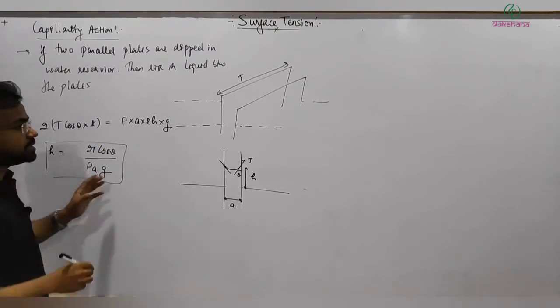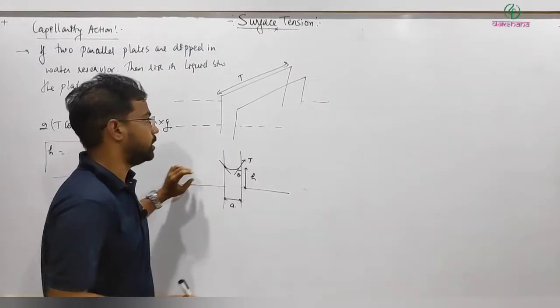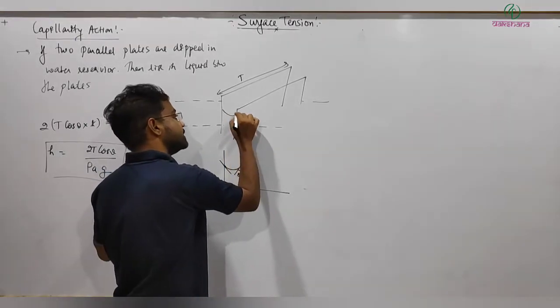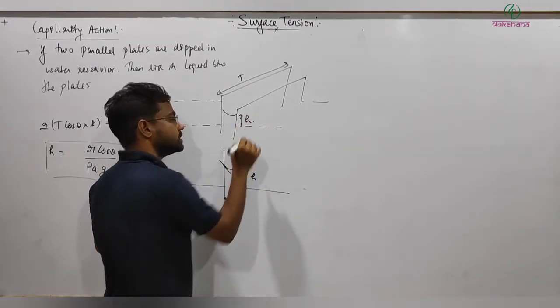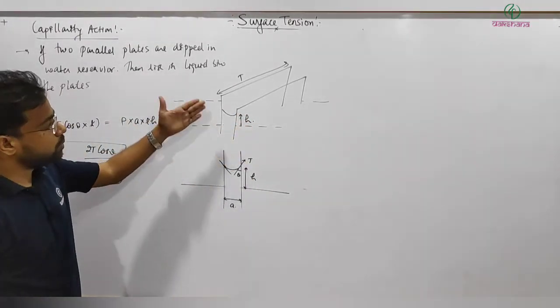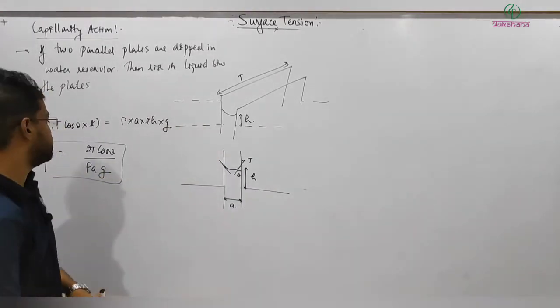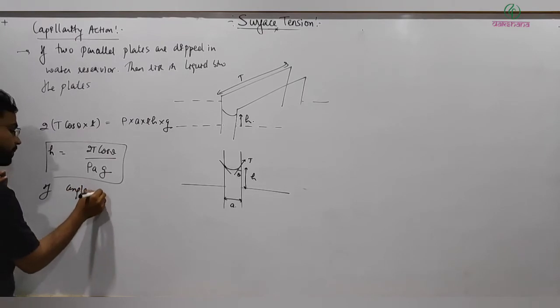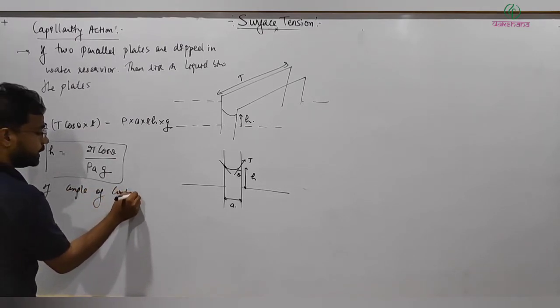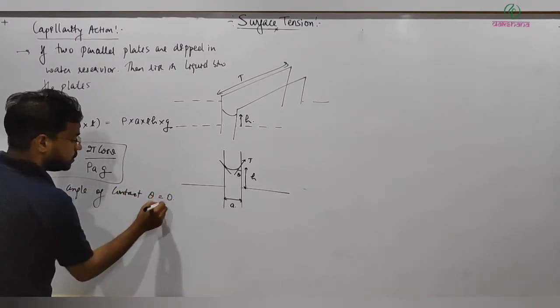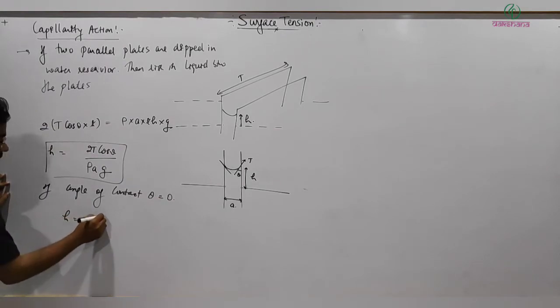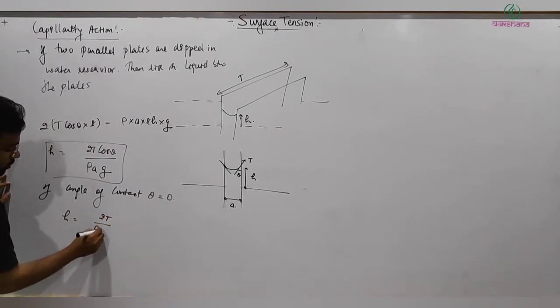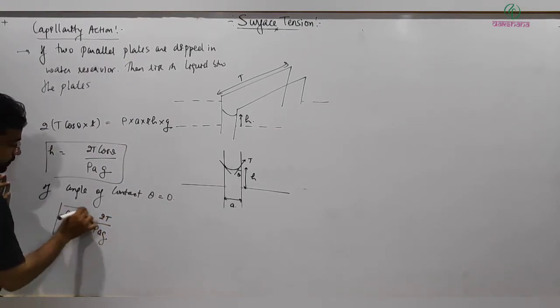So this is the expression of the height of the liquid which rises, h, when two plates are dipped in a reservoir. If the angle of contact theta equals 0, then h will be simply 2T divided by rho A g.